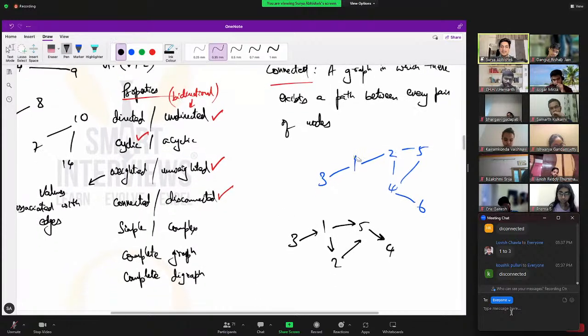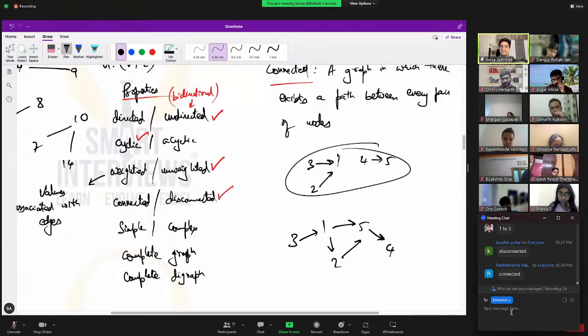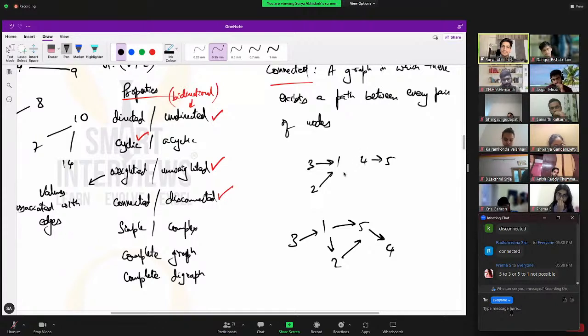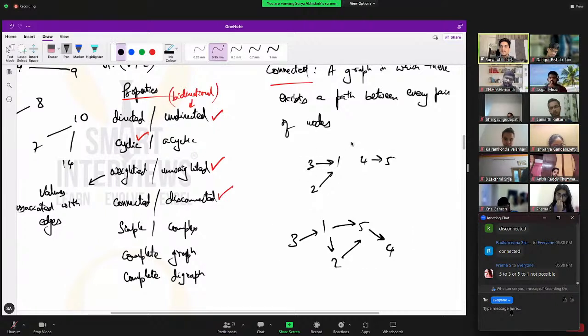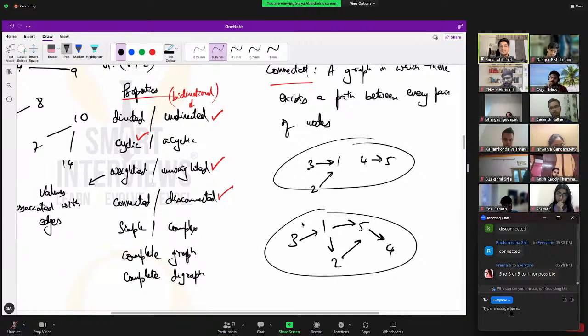You're saying it is disconnected. How do you differentiate it from this? This is clearly disconnected. But you can see that these two are somehow different, right? This is clearly disconnected. But this feels like it is connected, but it is not connected.